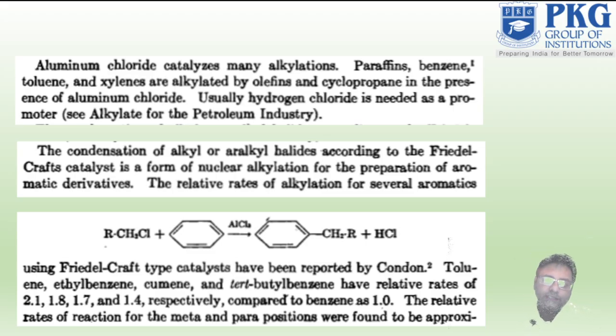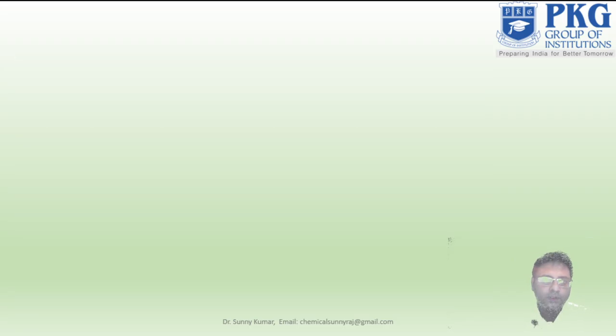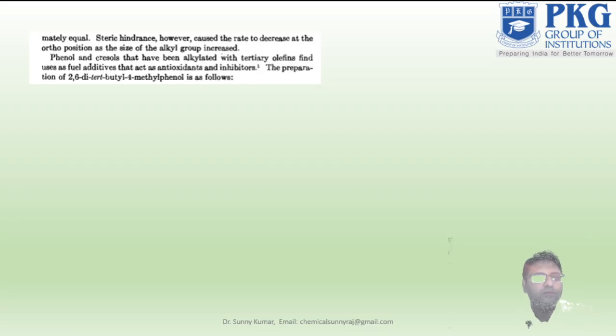Relative rates of reaction for the meta and para positions were found to be approximately equal. The steric hindrance, however, causes the rates to decrease at the ortho position as the size of the alkyl group increases.